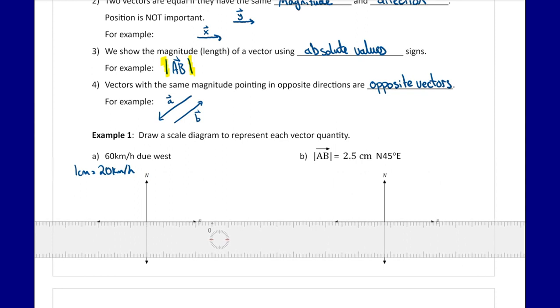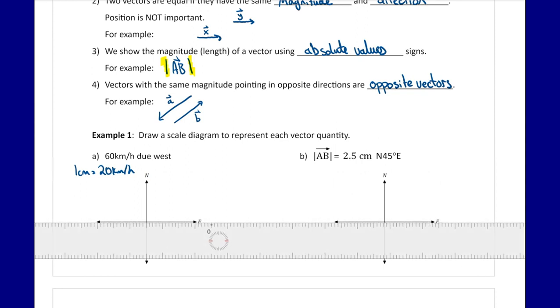So in order now to show that, I would need to draw a line or a vector that is 3 centimeters long, because 3 times 20 would be 60. So we can go 1, 2, 3. I'm going to use a different color just so it stands out a bit more.